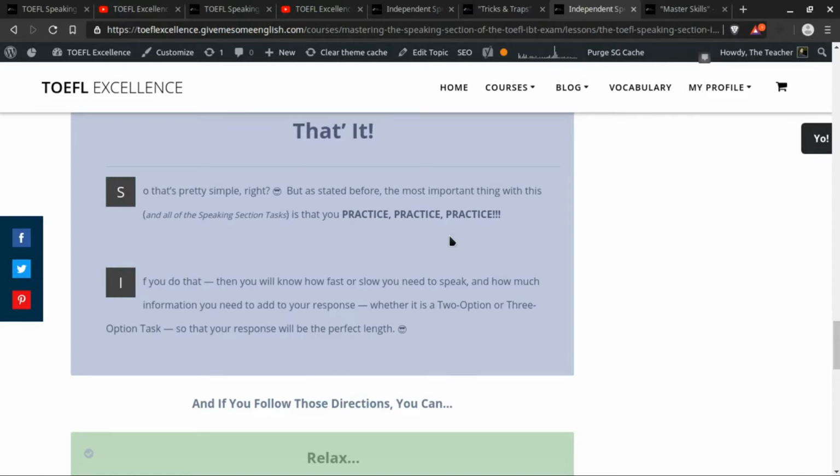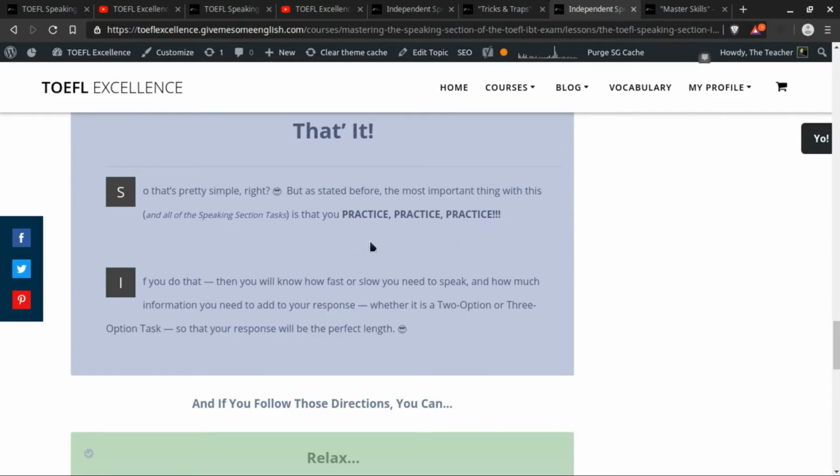The most important thing is that you pick one example and you practice answering that one example question or task as many times as you possibly can until you have it down perfectly so that you can have a response that's almost exactly 45 seconds, like 44 and a half seconds, without even having to look at the clock.